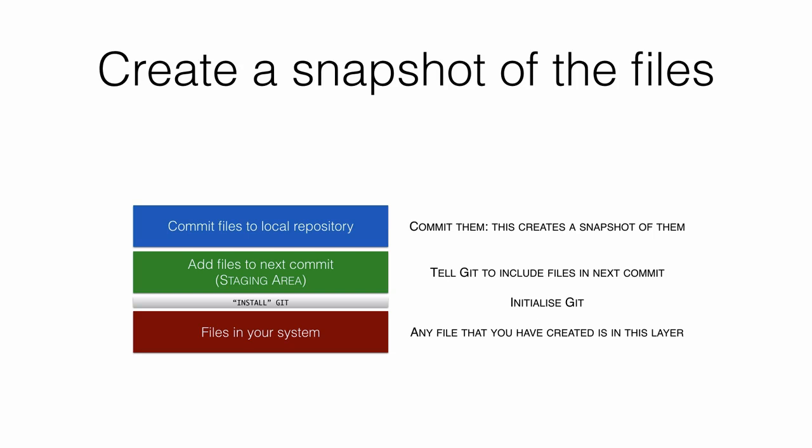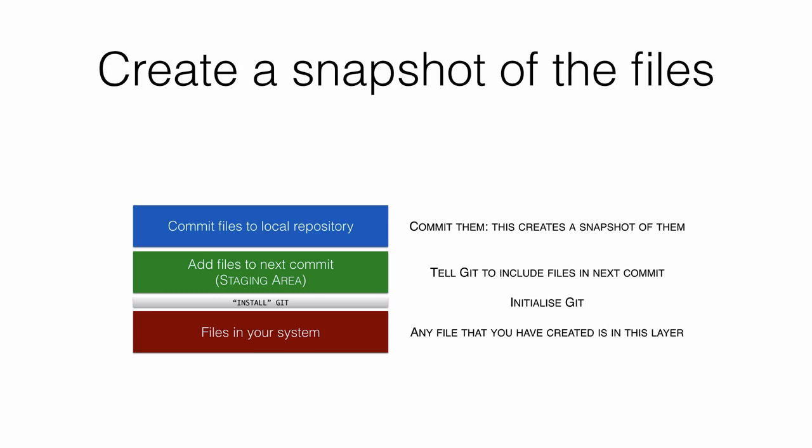If you then add more code, you will add it again to the staging area and commit it again, and the changes between version 1 and version 2 will be saved as a separate commit. And then as you do this more often, you will build up a history of versions of your file, where each version has some more code. This means that you can go back in time to a previous commit if you've, for example, made a mistake or you want to remove some code.